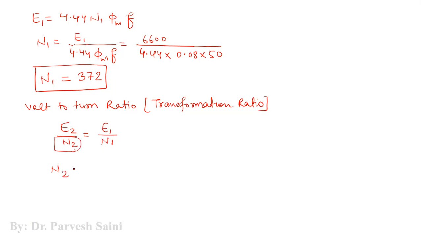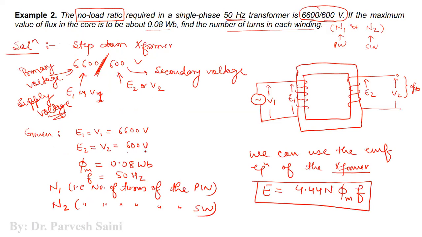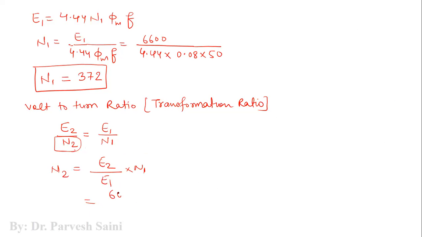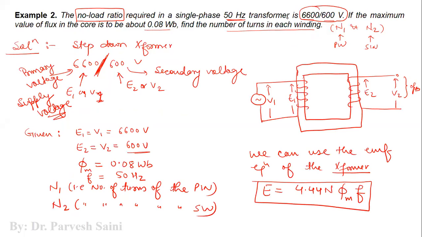So N2 is equal to E2 by E1 into N1. E2 is given, which is 600 volt, divided by E1, which is 6600, and N1 we have calculated as 372. So let us calculate this value. The value of N2 will be equal to 34. So this is how we can calculate the required parameters in case of a transformer.